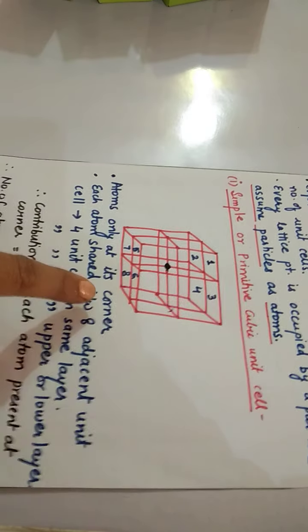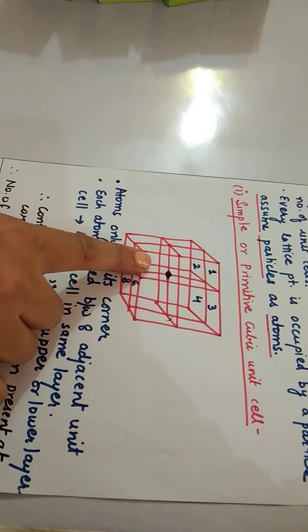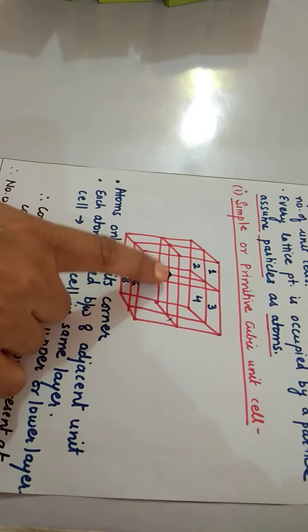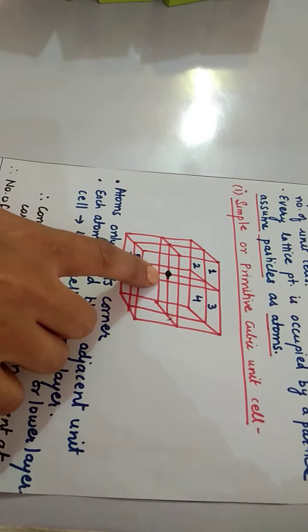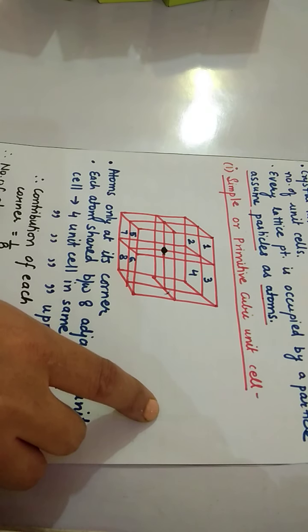8 unit cells. So what will be the contribution? Contribution of each atom at the corner will be equal to 1/8, because 1/8 plus 1/8 plus 1/8, 8 times, comes to 8/8, which is equal to 1.